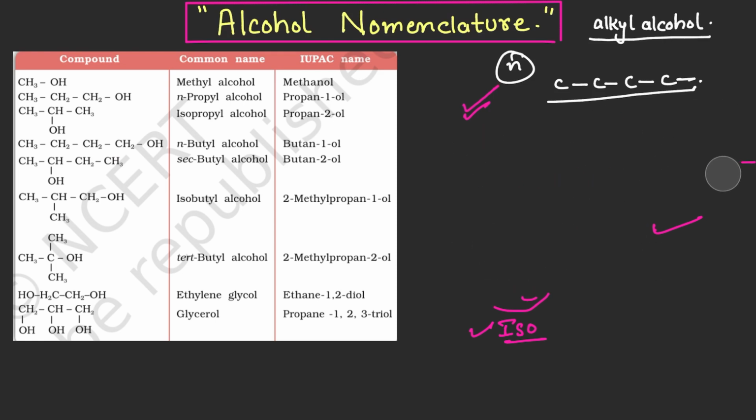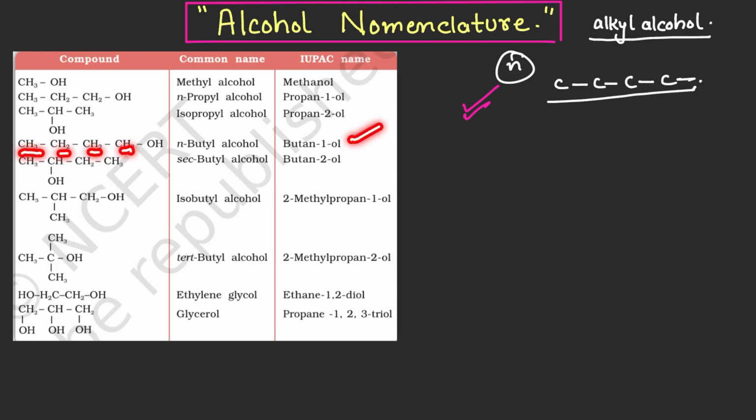So we will have another compound. Its common name comes out to be isopropyl alcohol, but for the IUPAC name we will see the longest chain. I will write 1, 2, 3. At the second position we have ol, so it will be propane-2-ol. For this one, 1, 2, 3, 4, there are 4 carbons.